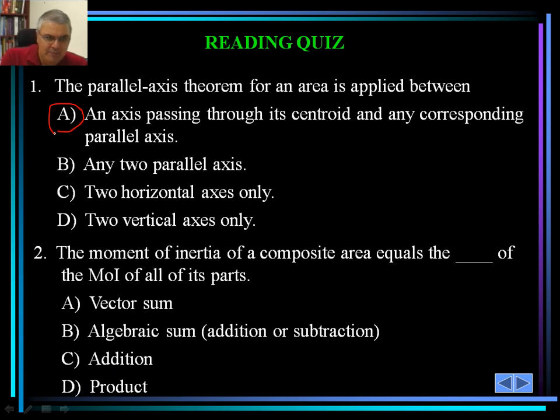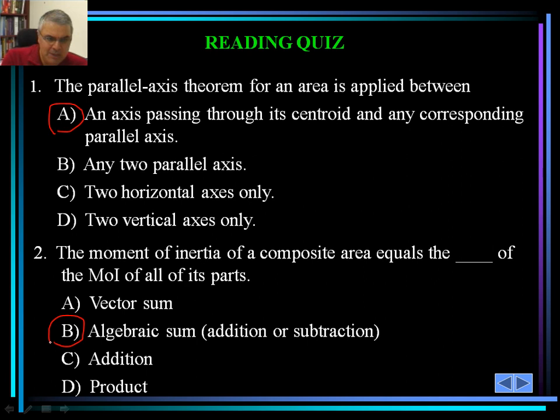The second quiz is the moment of inertia of a composite area equals to blank of the moment of inertia of all its parts. Again, let me read it to you. The moment of inertia of a composite area equals to the blank of MOI, or moment of inertia, of all of its parts. And the correct answer, you probably have guessed it, is going to be B, an algebraic sum.